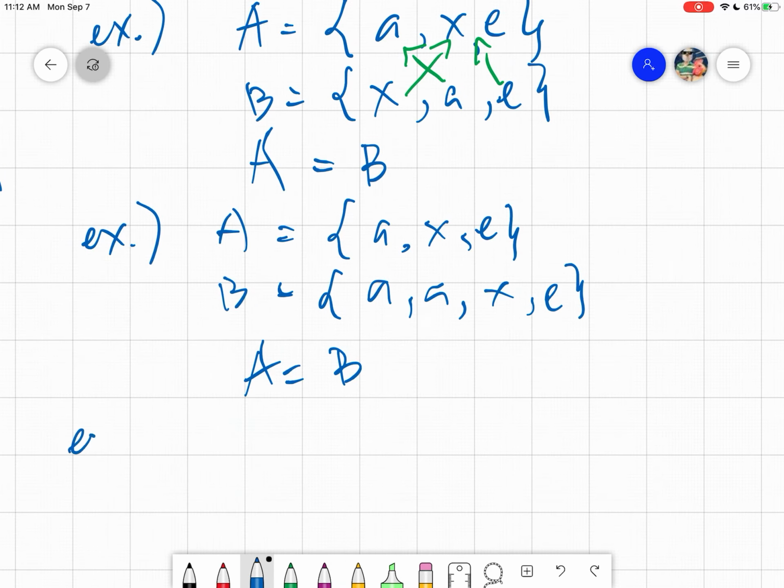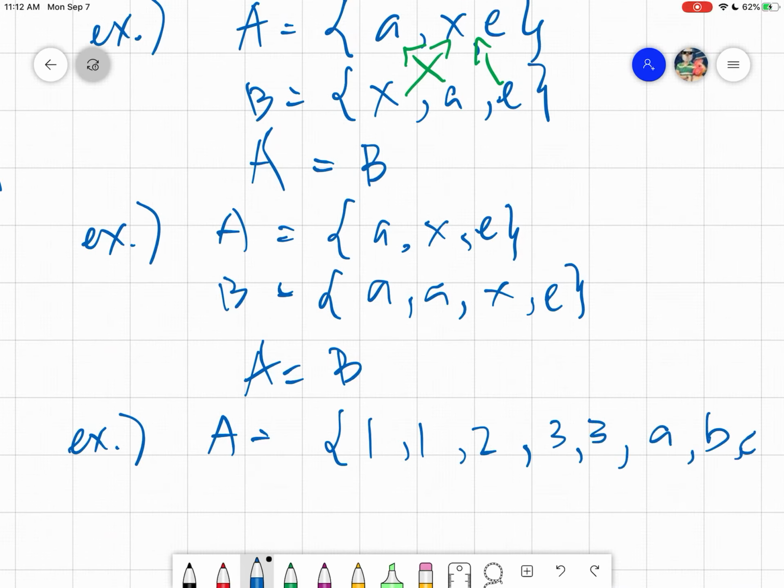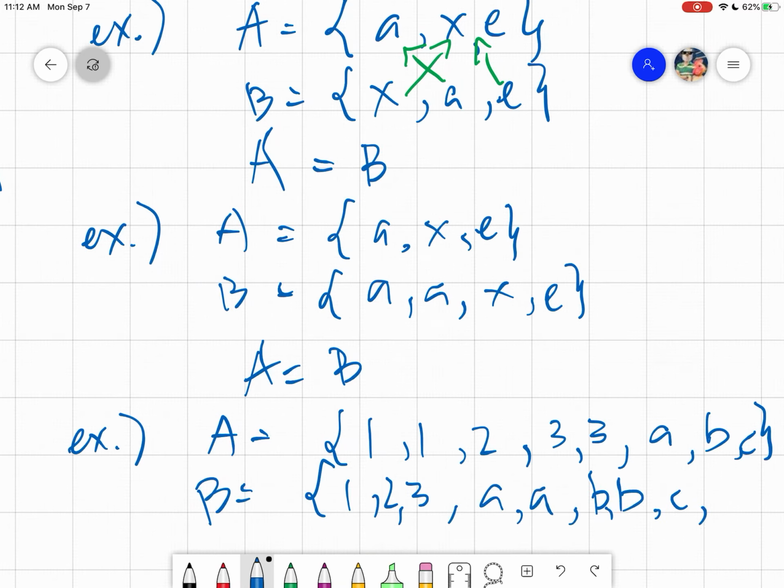Okay? Or another example, say we have set A is equals to 1, 1, 2, 3, 3, A, B, C. And our set B is equals to 1, 2, 3, A, A, B, B, C, C. It's just the same.